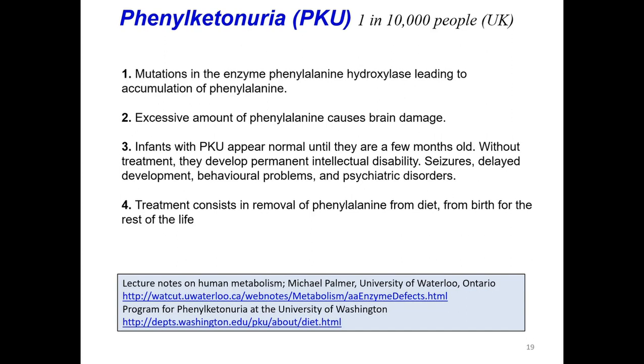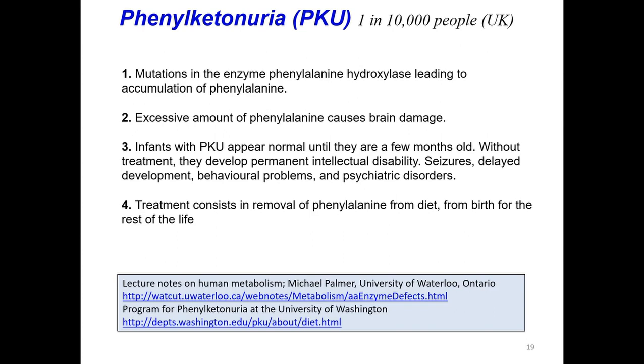So people with PKU introduce phenylalanine in with their diet because phenylalanine is an amino acid that we find in food, and they're not able to eliminate it. So some of it will be used, but the majority of it will be accumulated with no possibility of being broken down. So this accumulation, little by little, is toxic for the brain.